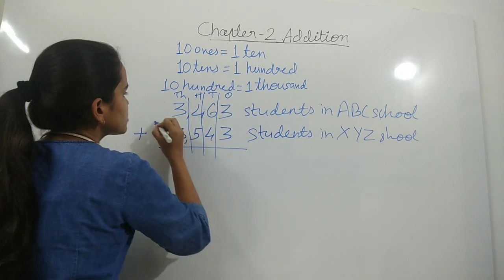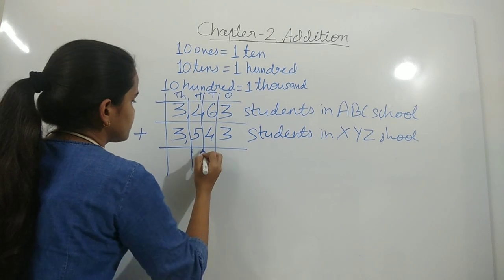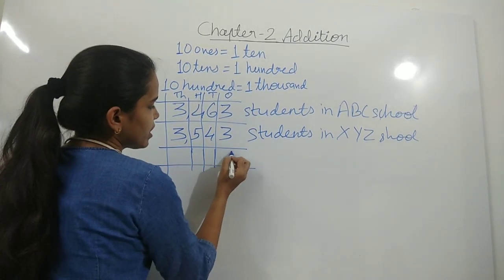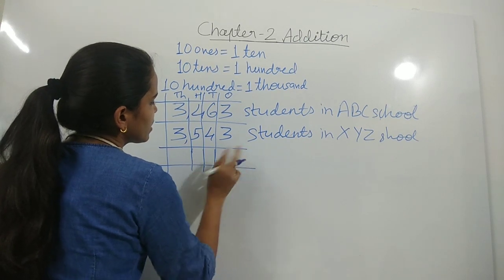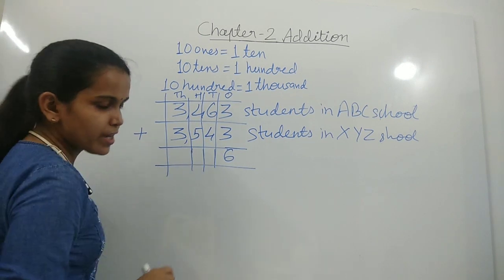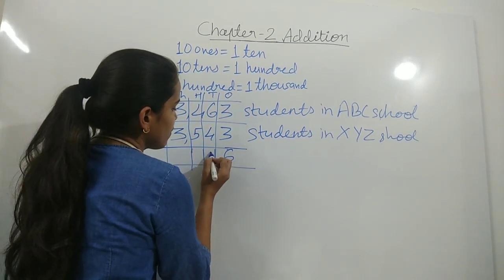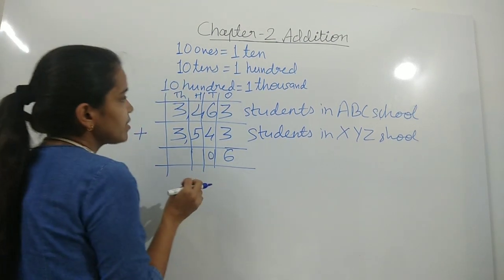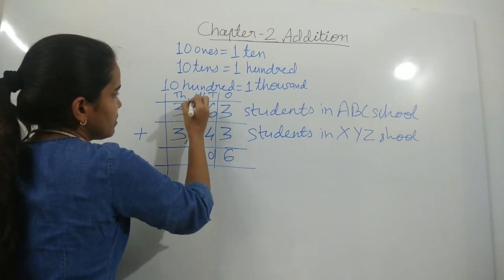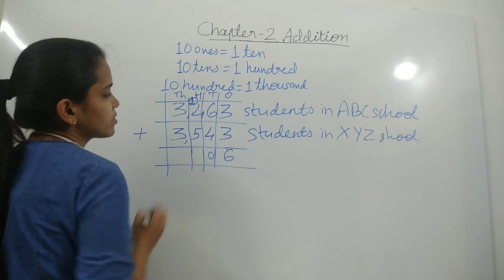Now we will start adding. 3 plus 3 will become 6 here. Then 6 plus 4 we are getting in the tens place. 6 plus 4, that is 10. So we will write 0 here. We know that 10 tens make 100. That means 1 will be carried here.